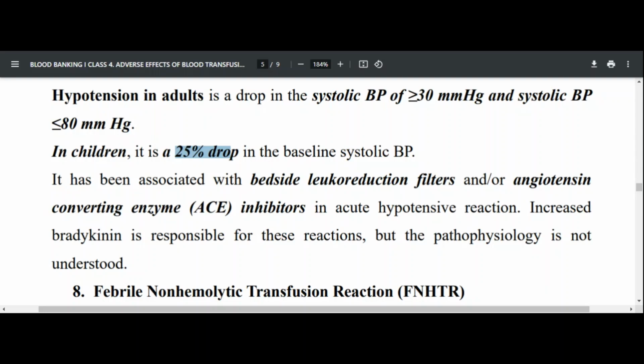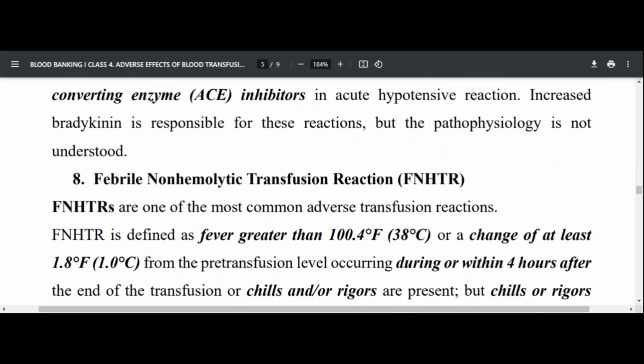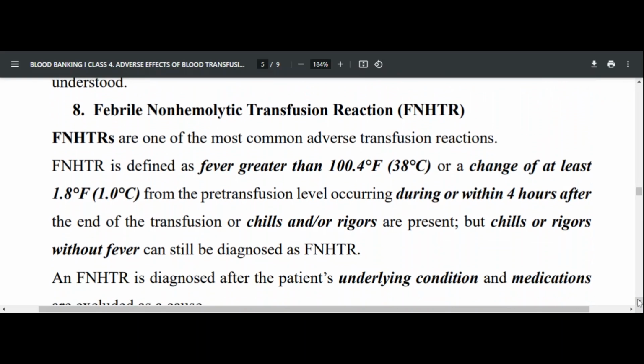And so we have another reaction which is called febrile non-hemolytic transfusion reaction. Febrile is different from other reactions that can also cause fever.